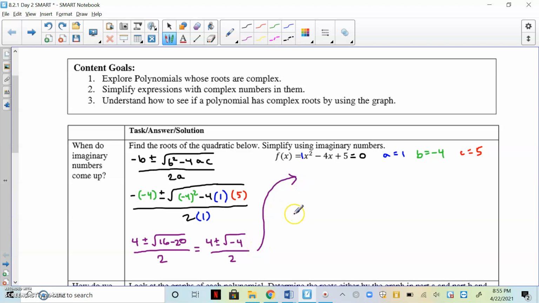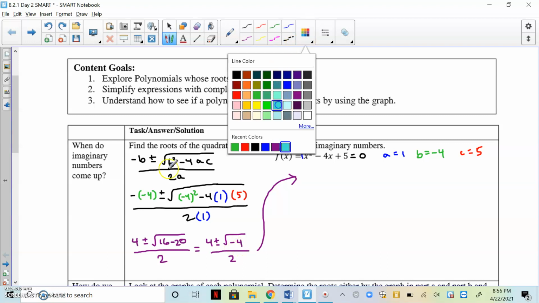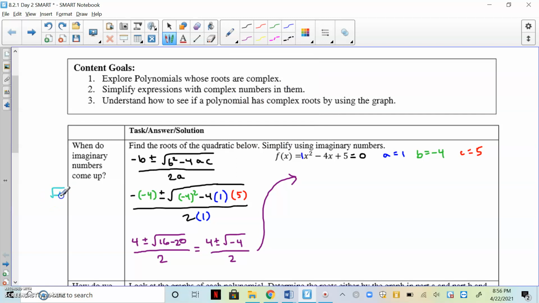Remember, yesterday we talked about how to simplify these square roots when there are negative numbers in them, so I'm going to do a little side work over here to refresh you on that. When you have the square root of negative 4, you can rewrite that as the square root of 4 times negative 1, and then you can rewrite that again as the square root of 4 times the square root of negative 1.